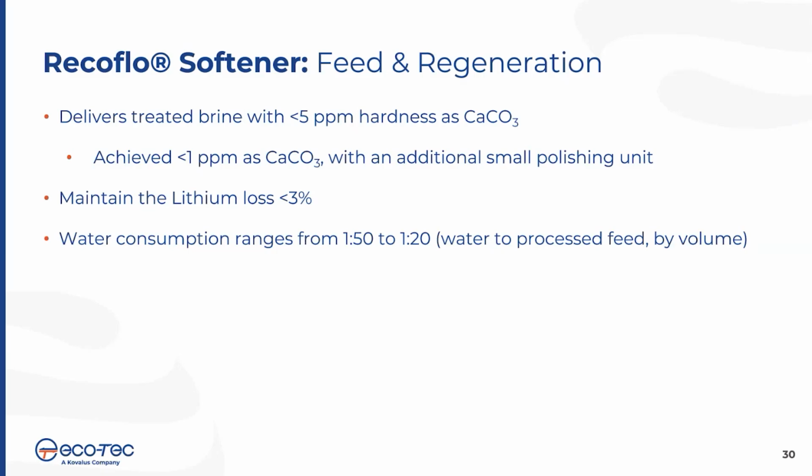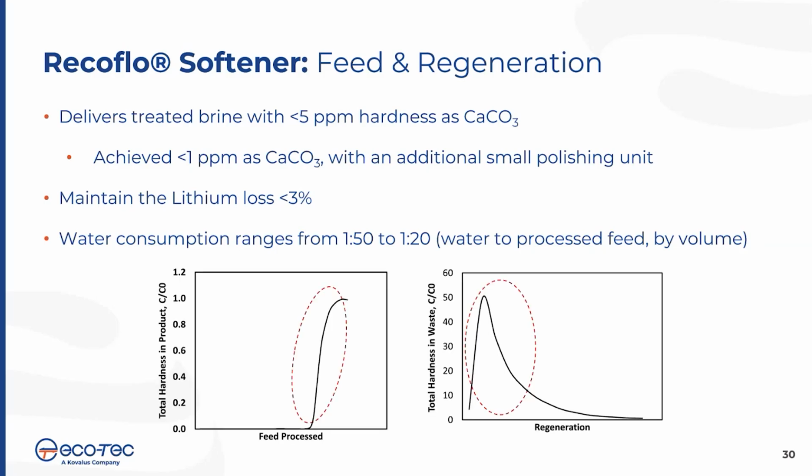Within the ideal feed range we just discussed on the previous slide, we maintain lithium loss below 3%. On utilities, water consumption is typically in the range of 1 to 50 to 1 to 20 water to process feed by volume. In some cases, that water consumption can be reduced further depending on the feed characteristics.